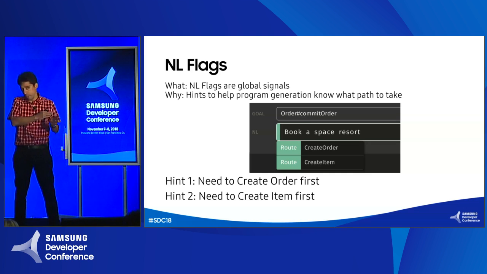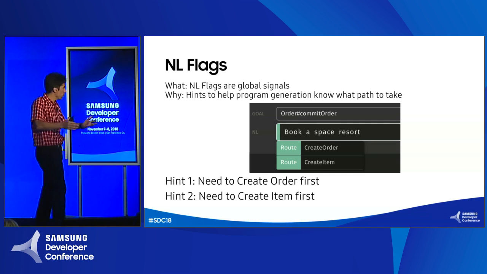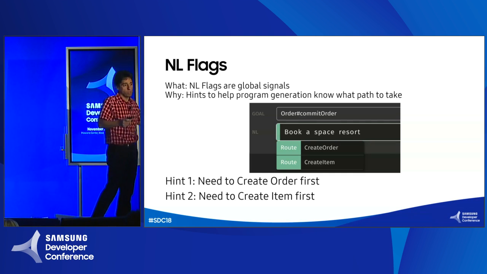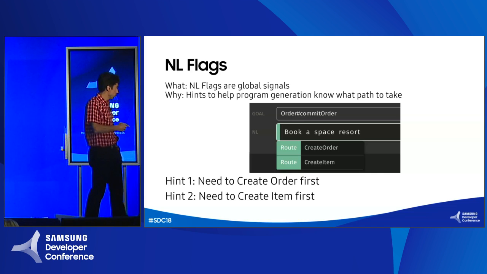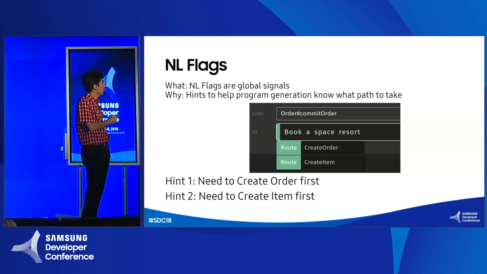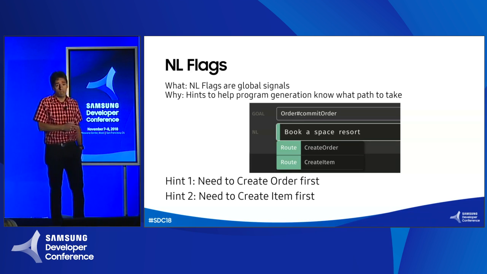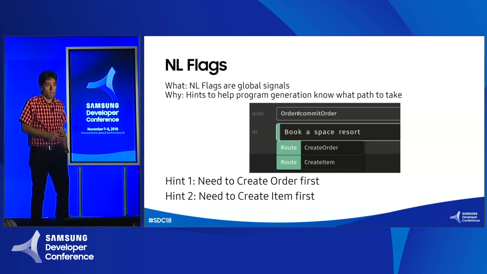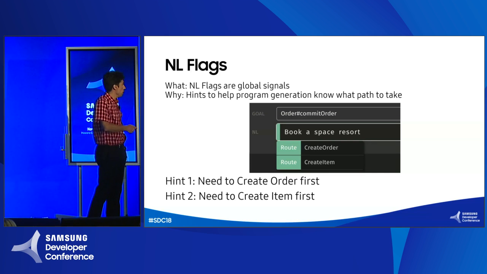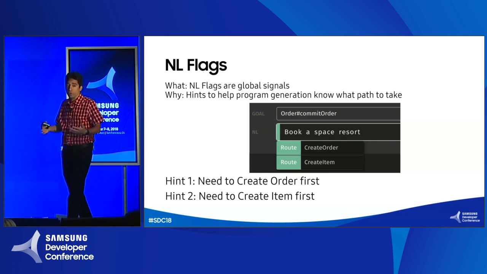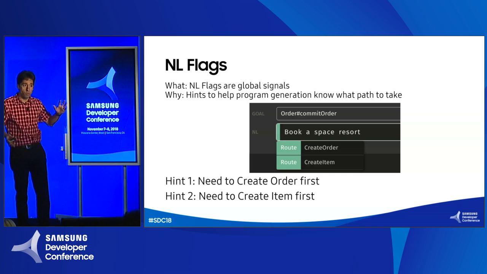The intention is to go all the way and book this and make the reservation. But to get there, we need an order. And to create the order, we need an item. So we need a shopping cart, and we need an item in that shopping cart. So what you see here is what we call natural language flags. We can assign them to any training example, and they give hints to the program generator to generate the workflow that we want.